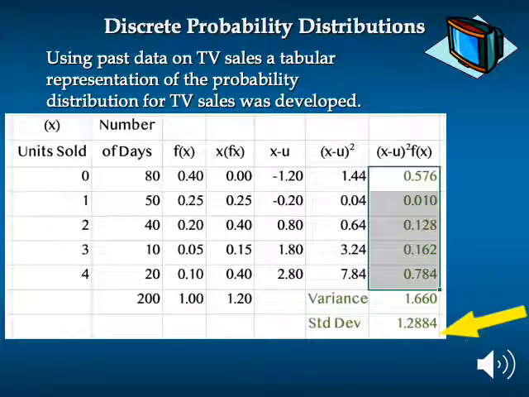In order to get the standard deviation, we take the square root of that number. And the square root of 1.660 gives us 1.2884. So the first part of what we're trying to do on discrete probability distributions has been covered by the things that we have just reviewed.